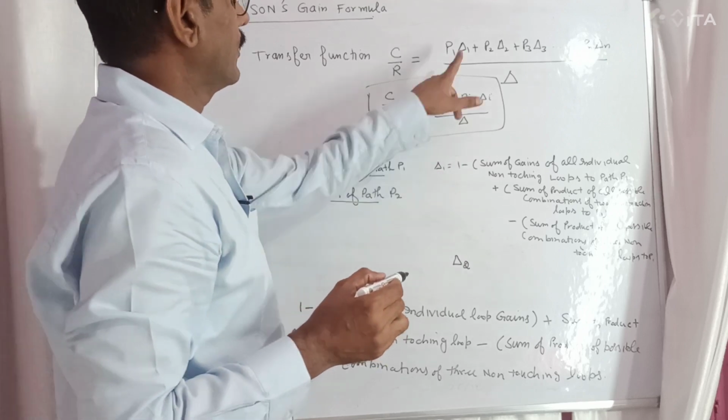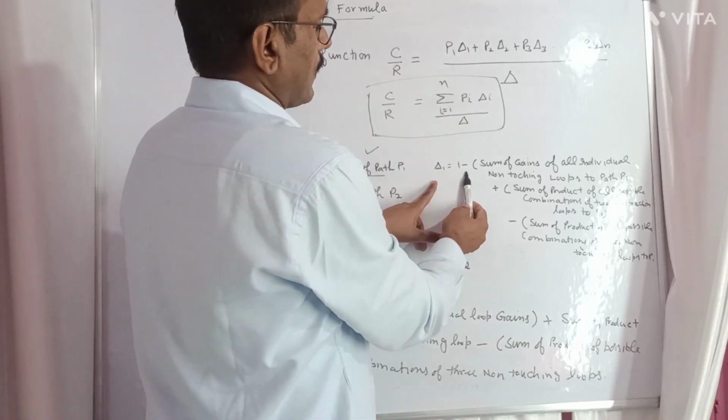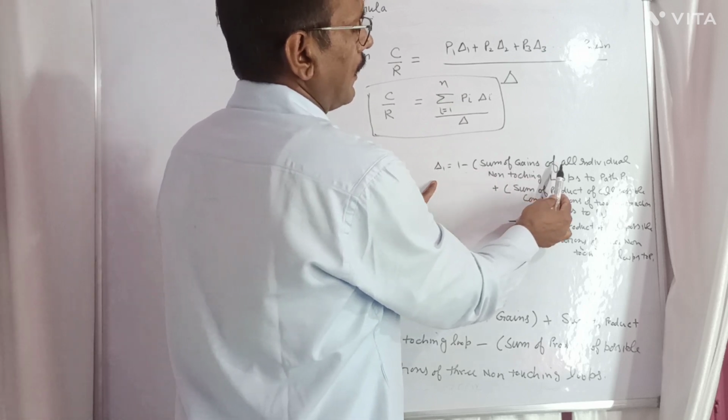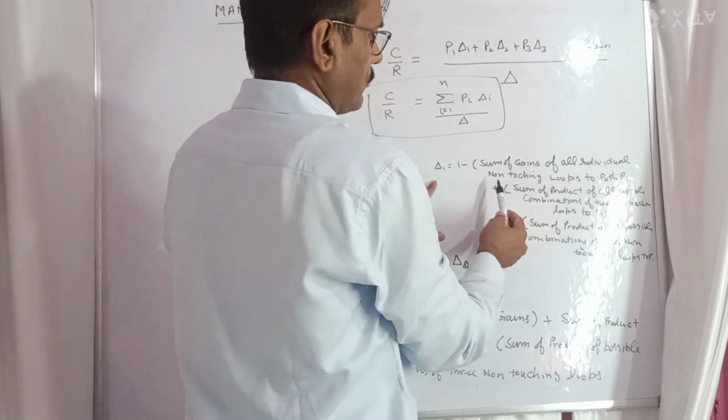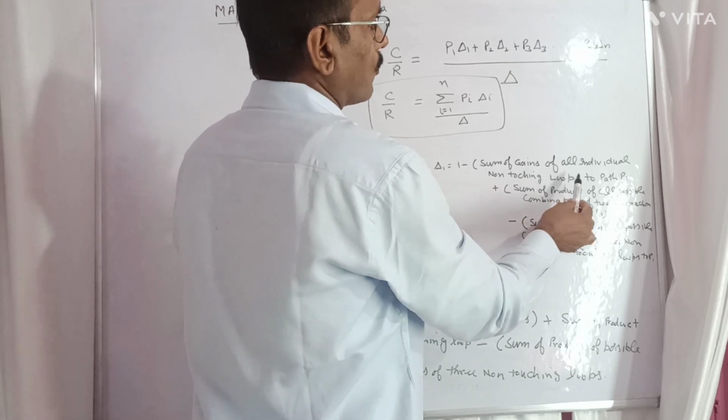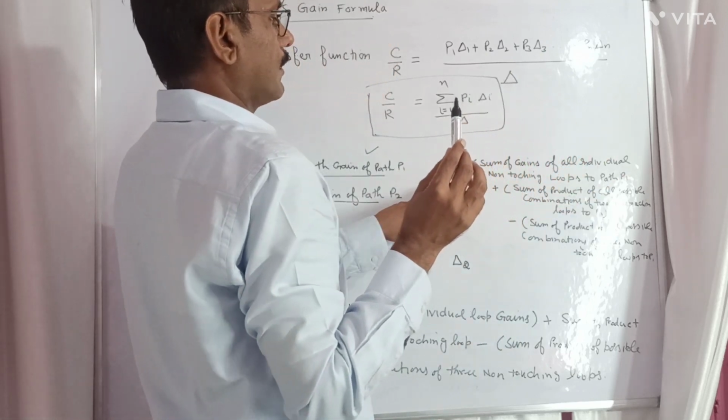Then delta 1, what is delta 1? 1 minus sum of gain of all individual non-touching loops to path P1.